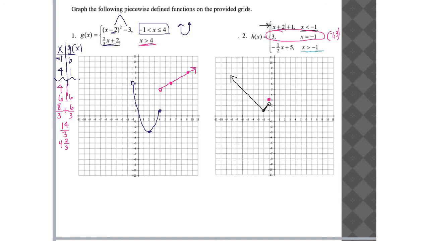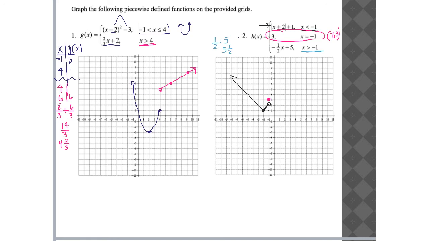And then moving on to the other, we have a line. X is bigger than -1, so let's go ahead and start out at -1. Always be rebellious there. If we plug in -1, well, that's going to give us 1/2 plus 5. That's going to give us 5.5, right?